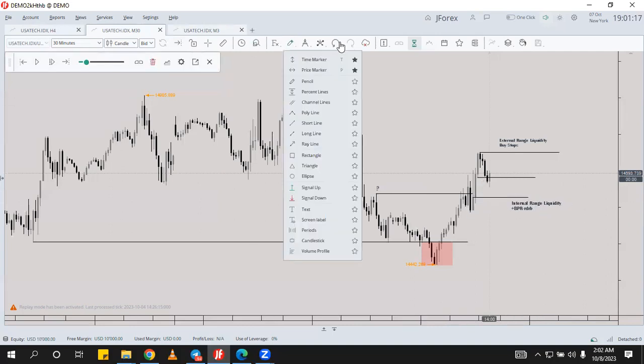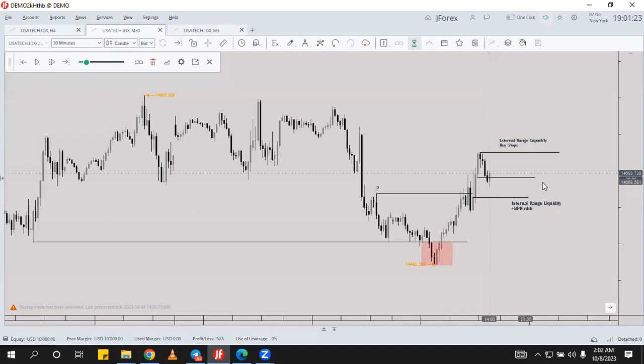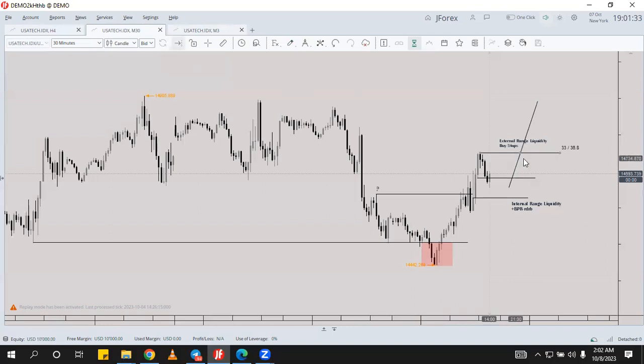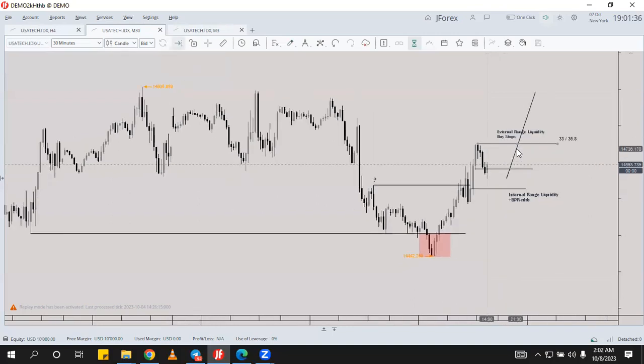So basically, price is within the internal range liquidity, and now it wants to push towards external range liquidity. So meaning these buy stops here at our external range liquidity, that is our draw on liquidity. That is where price wants to move next to, right?